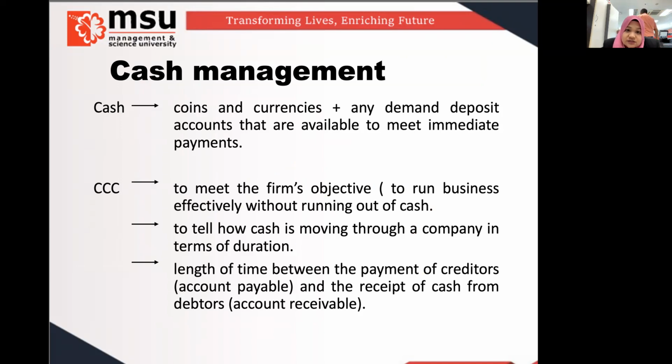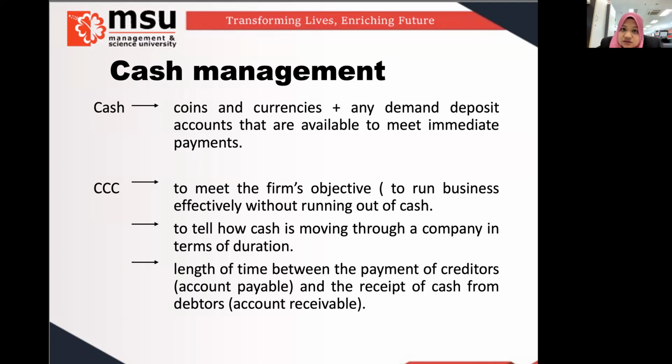So cash management, we want to ensure that the cash available is always there. Okay. We want to make sure that the business always has cash available, no matter what the business is facing. Either the business is doing well, of course, the business needs to have cash available.